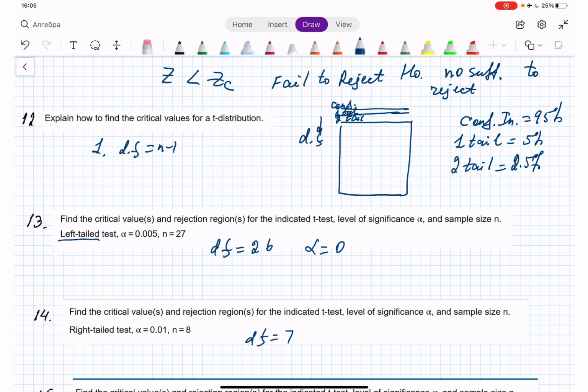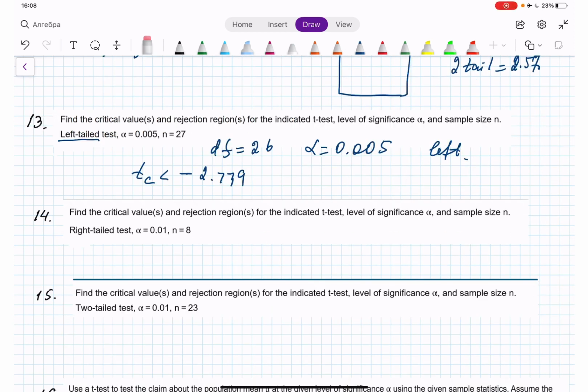Because it's a left tail, you need to look at one tail, right? Because it's left, T critical is going to be less than, and left tail is going to be negative. So let me find 26, and it's going to be less than negative 2.779.